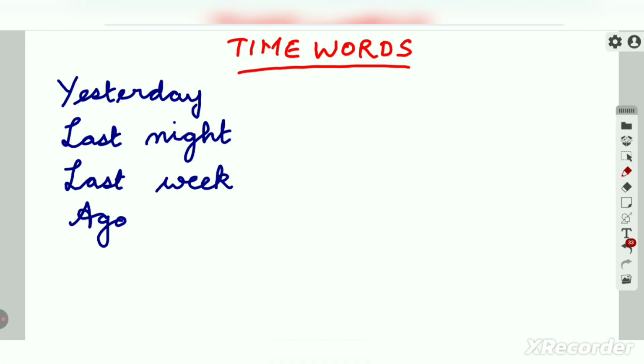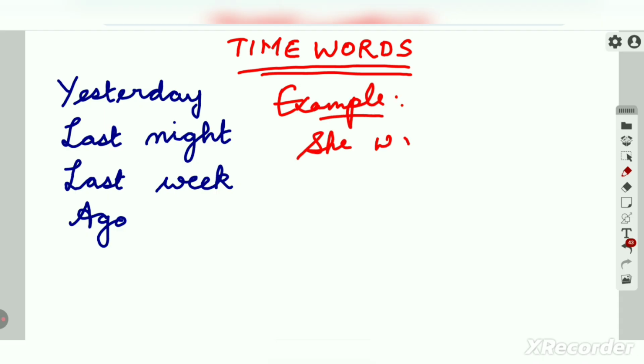Now, there are some special words that help us recognize that the sentence is in past tense. Those are called the time words. The common time words are yesterday, last night, last week, last year, ago. For example, if I say, she watched a movie last night.